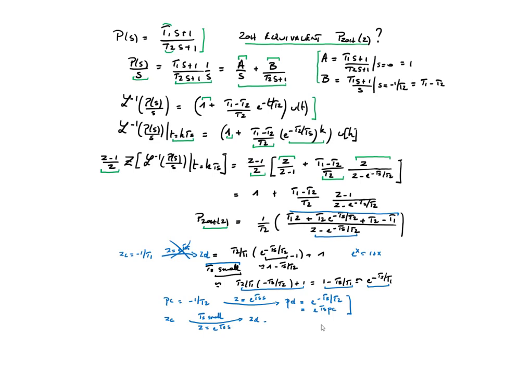So you can approximate the zero by the exponential of TS times the continuous time zero. But again, this is only true when TS is small, because when it is not, you can see indeed that this relation is not valid.